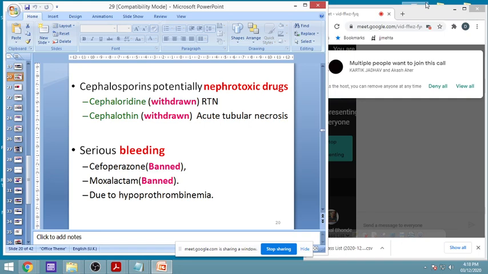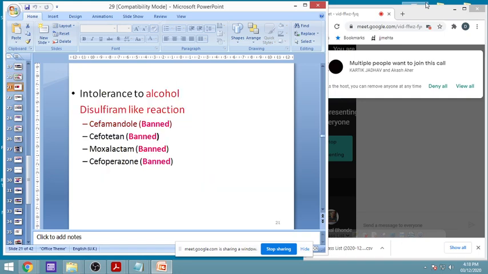Then the other ones: there are some which interact with alcohol. As you must be aware, many people have the habit of taking alcohol, and because of that they show disulfiram-like action. If you remember the central nervous system, there we have seen disulfiram is the agent.